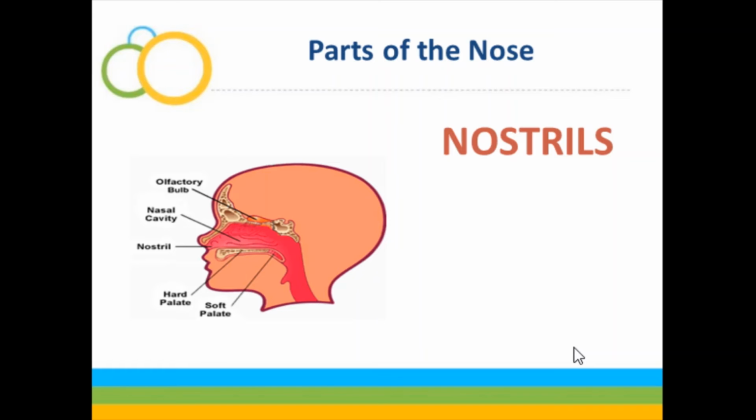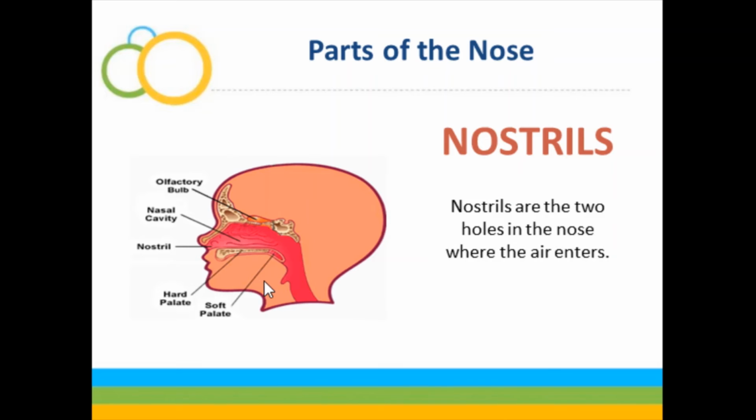Let's see the nostrils. Where are the nostrils? Our nostrils are over here. The nostrils are the two holes in the nose. So if you try to look at your nose right now, the two holes, the two circles in your nose, is what we call nostrils.